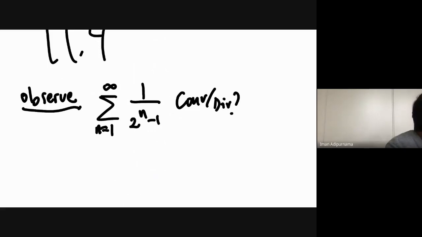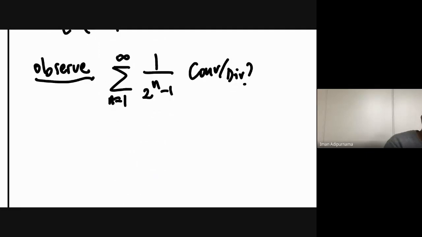Is it convergent or divergent? We know from the previous example that 1 over 2 to the n converges.